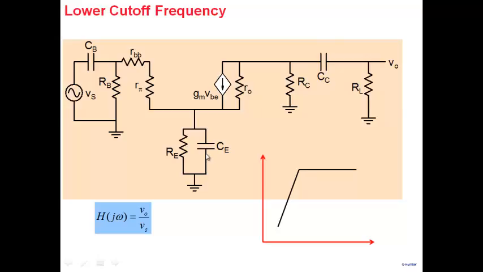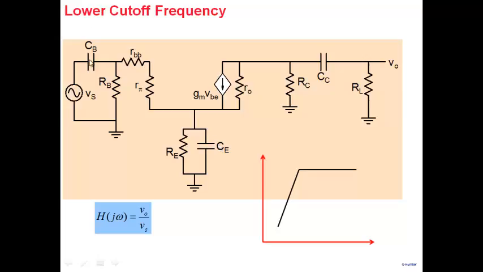What will be the actual 3 dB? Very close to what? See, when this one starts falling at 1 kilohertz, this one starts falling at 10 hertz. So which will determine? 1 kilohertz. So your 3 dB frequency will be 1 kilohertz.